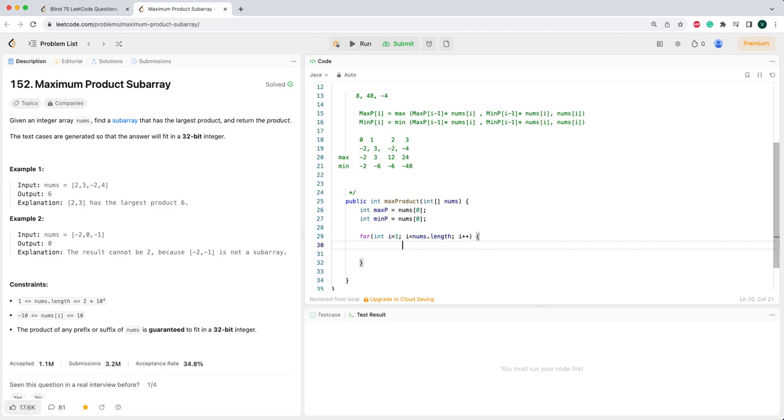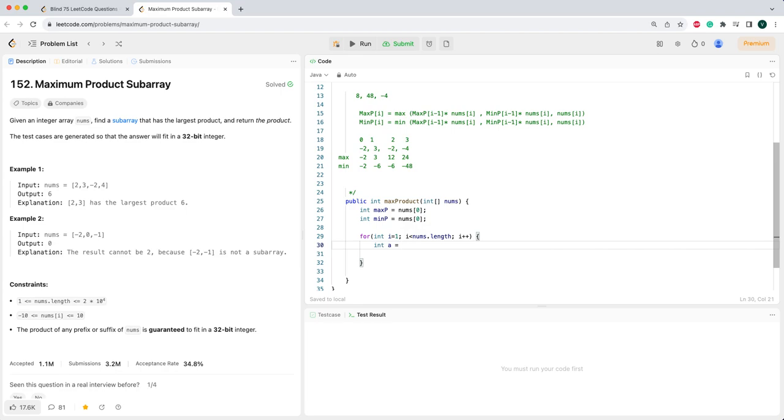Now what I will do is I'll take 3 variables, a, b and c, right?